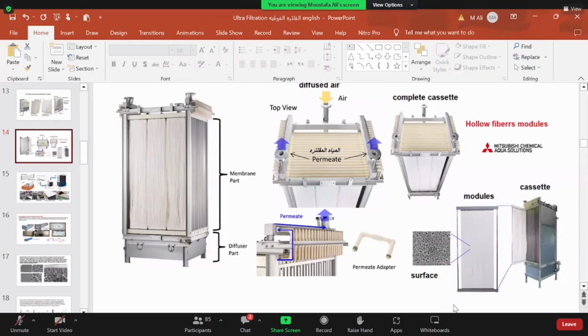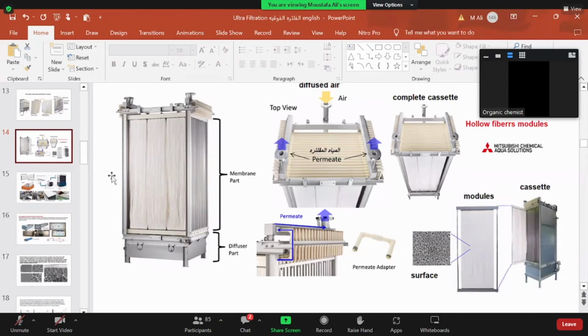It is sealed from the downside and open from both sides, left and right, in the upper part for suction. In the same way, we have the lower part for diffused air. It has coarse bubble air diffusers to make many air bubbles, liberating the thick layer from the surface of the hollow fiber itself.